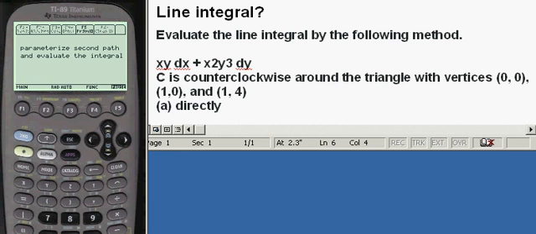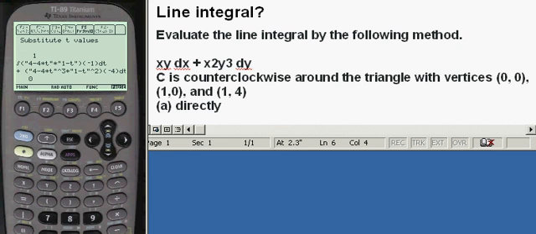Now we're going to parameterize the second path, and that's 1, 4 to 0, 0. And we do the formula again. Come up with 1 minus t, and of course for the y value it's 4 minus 4t. We again do the values for x and y and do the derivatives.